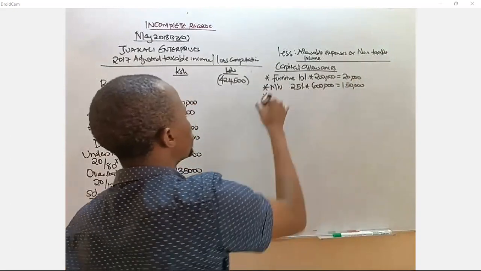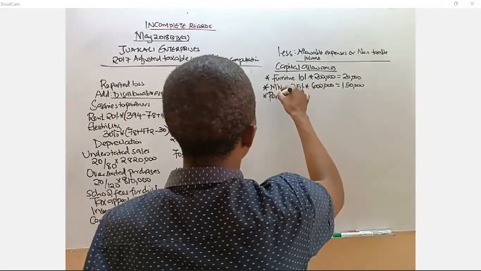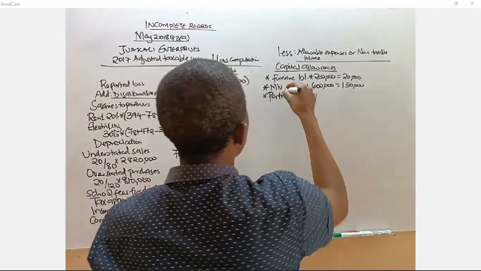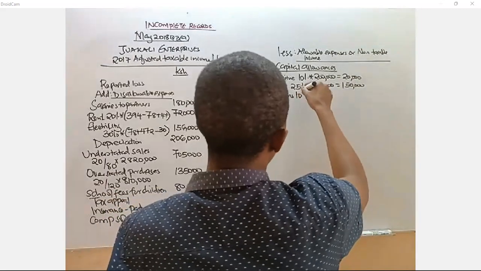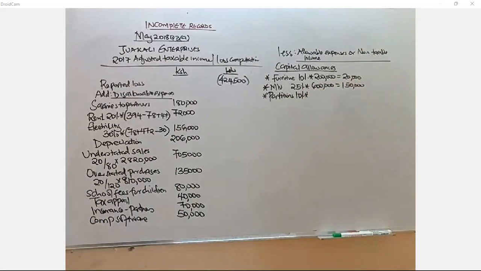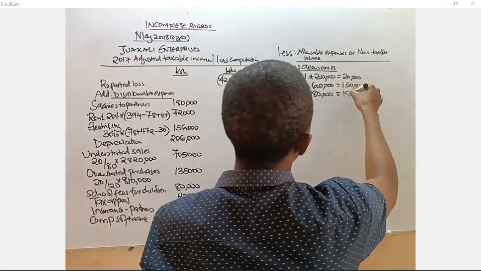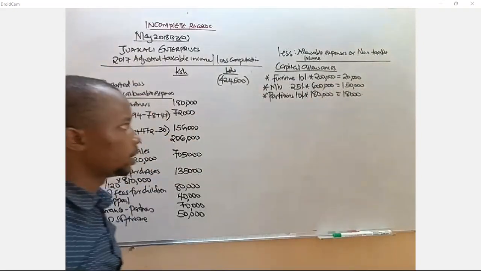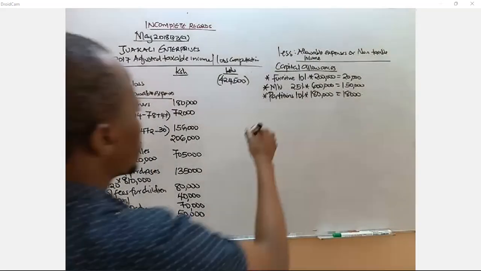Then after the motor vehicle, we have partitions of 180,000. They qualify for class 2 at the rate of 10% of 180,000, translating to 18,000. From there, we also have general. Do we have any other? Computer software.